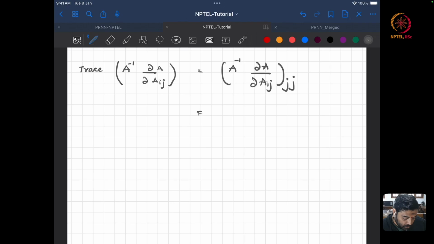Now this is nothing but A inverse at Jj. Okay. Now I'm able to get it for one element.